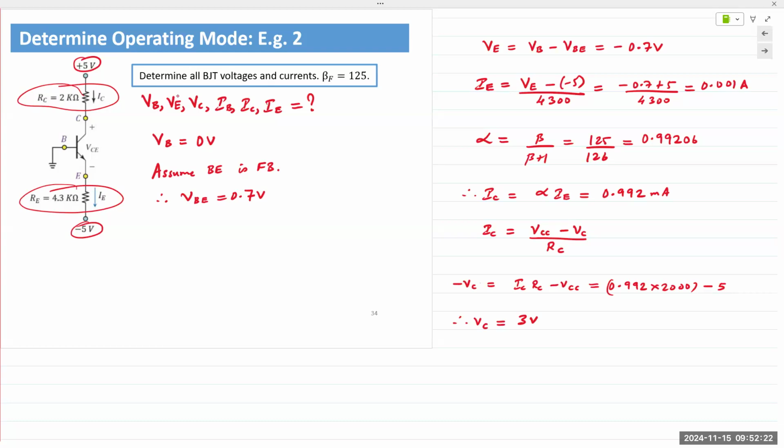So now we have VB, VE, and VC. Our assumption was initially that base emitter is forward bias. Now we can look at the collector base junction and determine if it's forward bias or reverse bias. And so we look at the collector emitter voltage. We find VCE, VC minus VE.